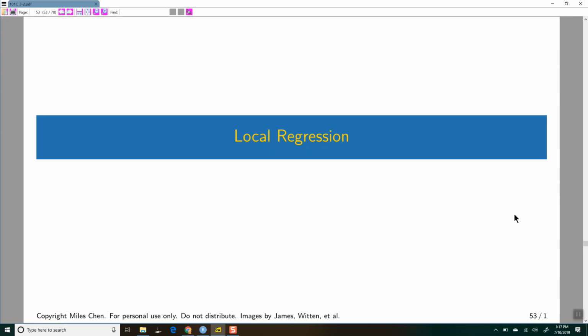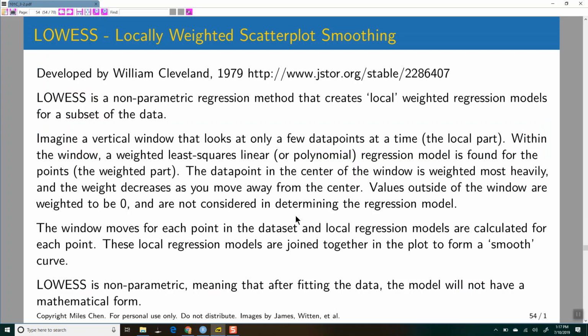Okay, and then the other thing we'll talk about is local regression. Basically, you are fitting a regression model to just a localized window of your points, okay?